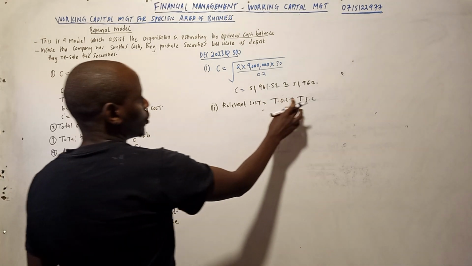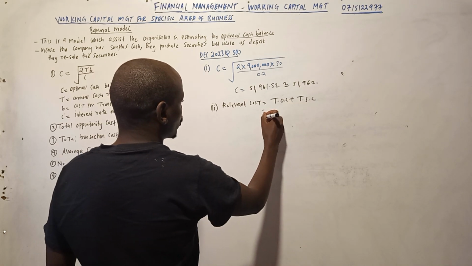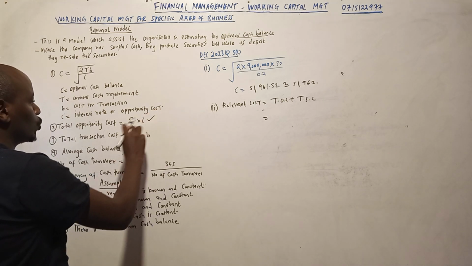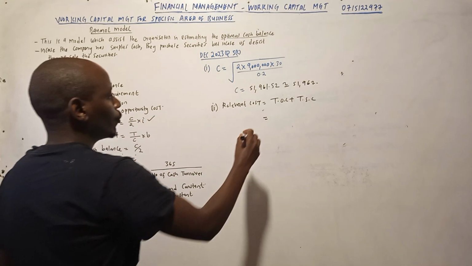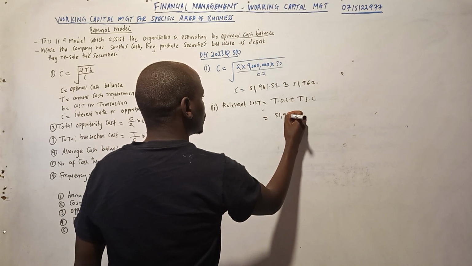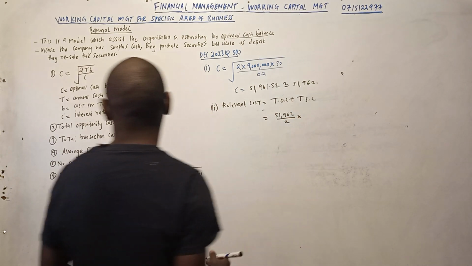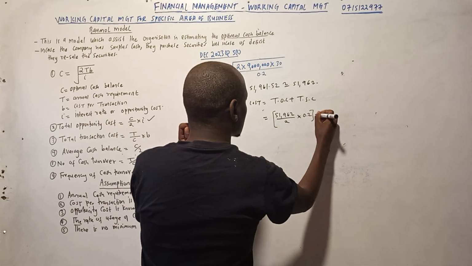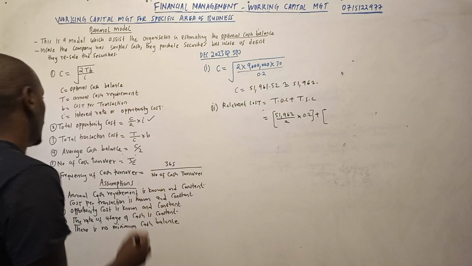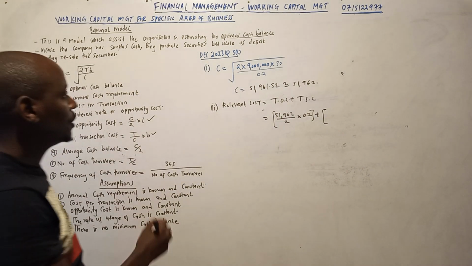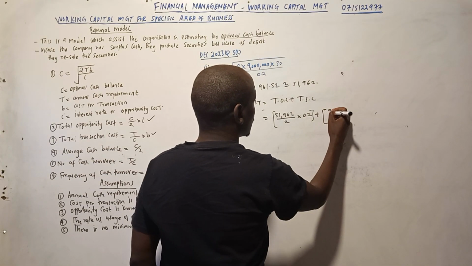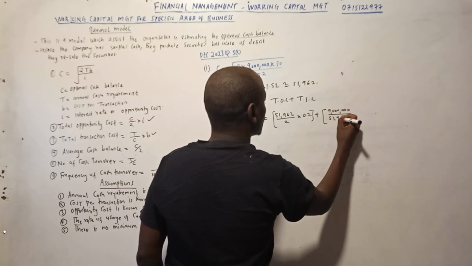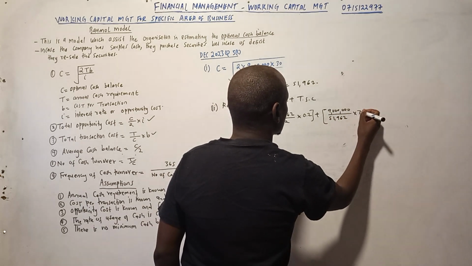In the formula, total opportunity cost is C over 2 times I, where C is 51,962 and I is 0.2, plus total transaction cost, which is T over C times B. T is 9 million, and B is 30.